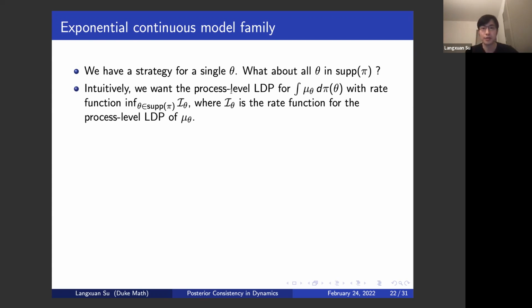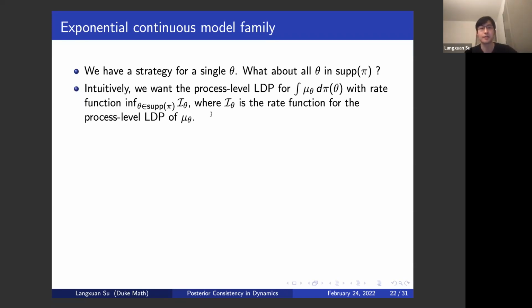So intuitively, what we want is a process-level large deviation principle for the empirical process of this mixture of mu theta, with rate function given by the infimum over theta in the support of pi of I theta, where I theta is the rate function for mu theta.